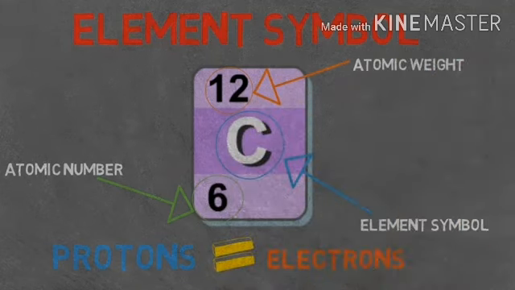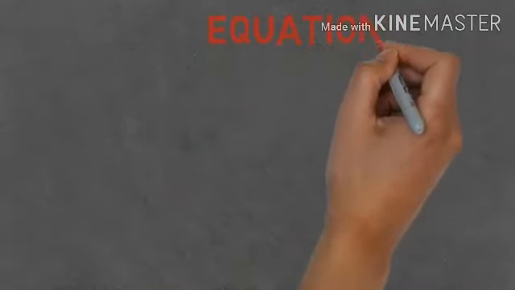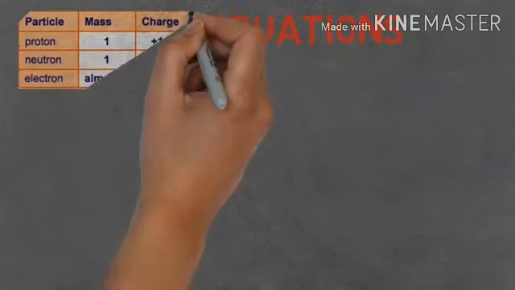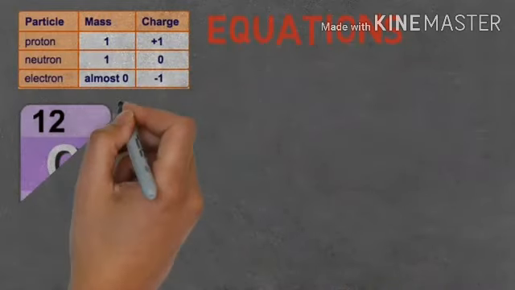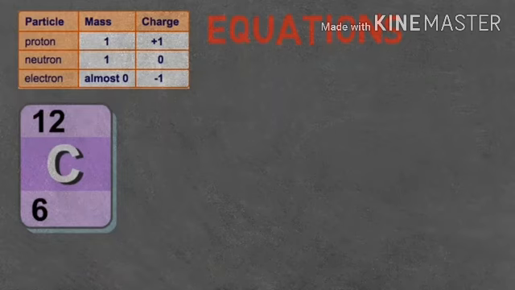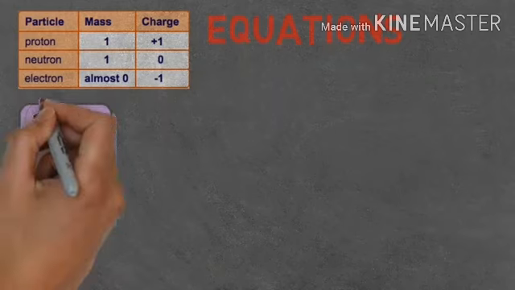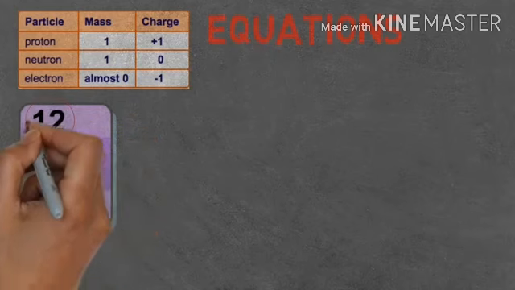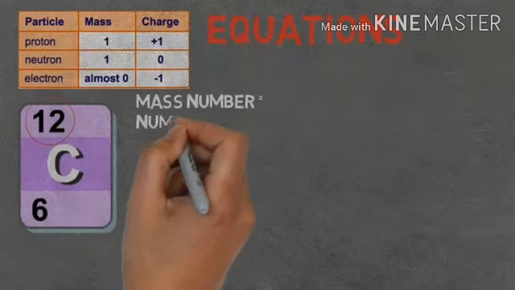How can we represent the symbol of an element? Suppose carbon: its atomic number is written at the bottom and the mass number is written on the top of it. The element symbol is written in the middle. 6 is the atomic number, which is equal to the number of protons and electrons.